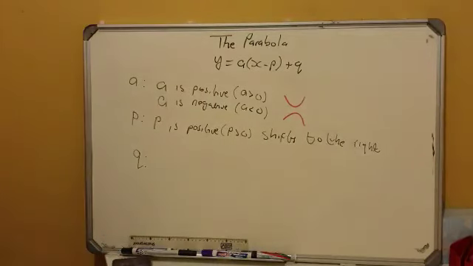When p is positive, the graph shifts to the right.